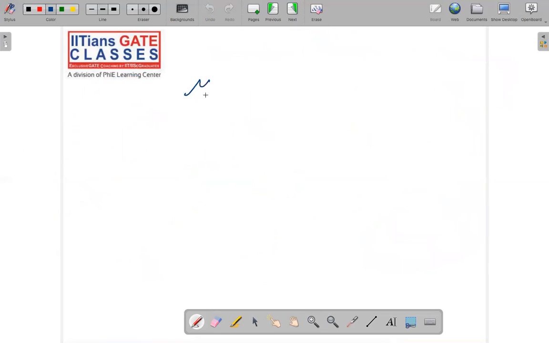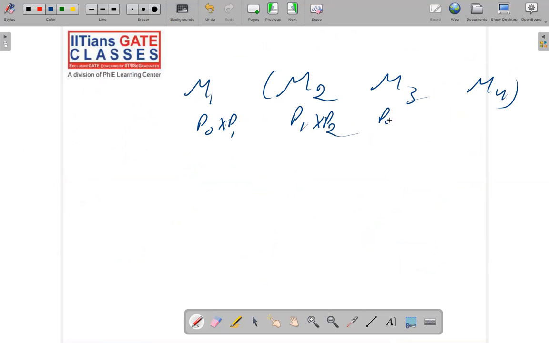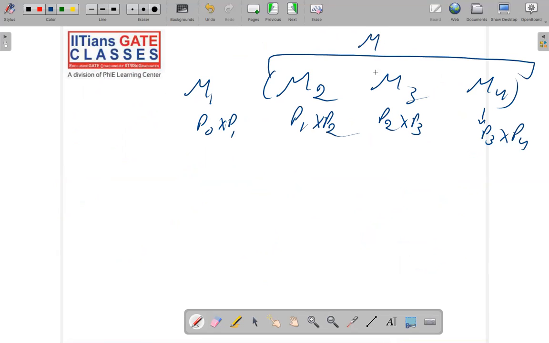So I chose M1, M2, M3, M4: M1's dimension is P0, P1, M dash's dimension is P1, P4, composed of P1, P2, P2, P3, and P3, P4. We already concluded that the dimension is P1, P4. Let me clearly write this: P1, P4.